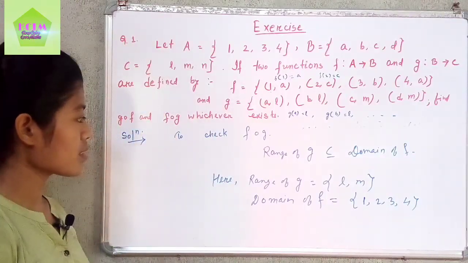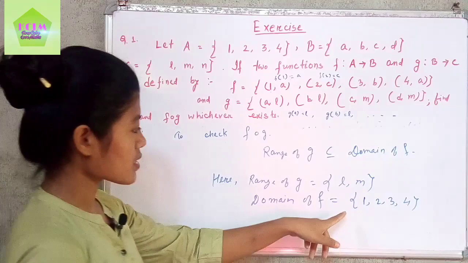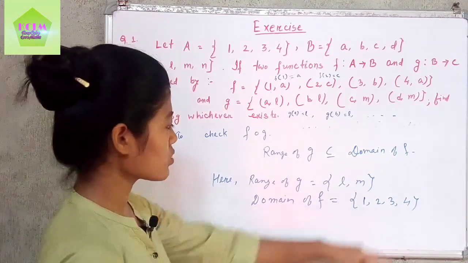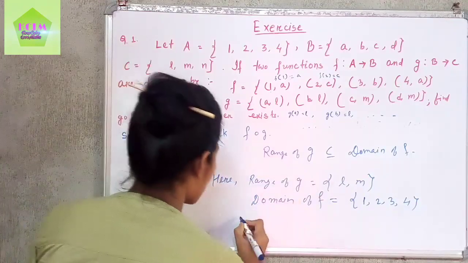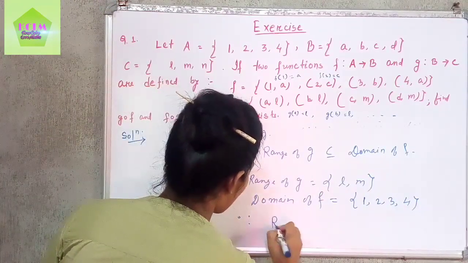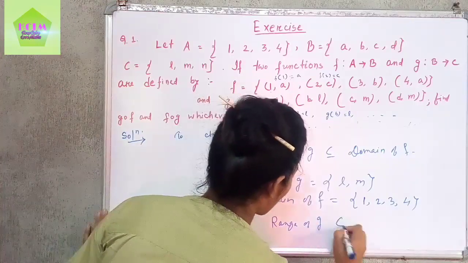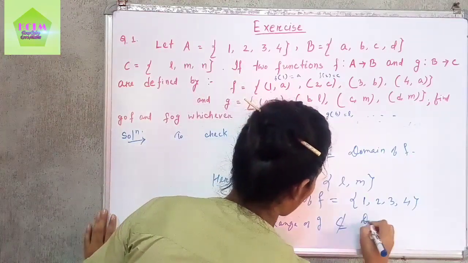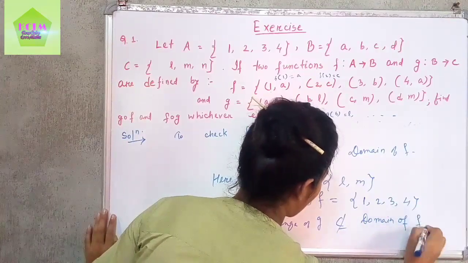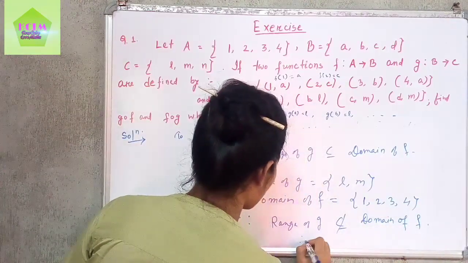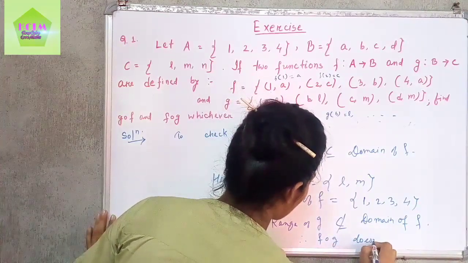Here we can say obviously the set {L, M} cannot be a subset of the set {1, 2, 3, 4}. So this condition is not satisfied. Since the range of g is not a subset of the domain of f, therefore the composite function f∘g does not exist here.